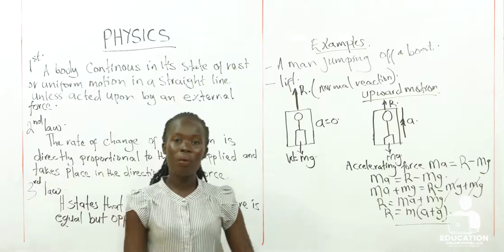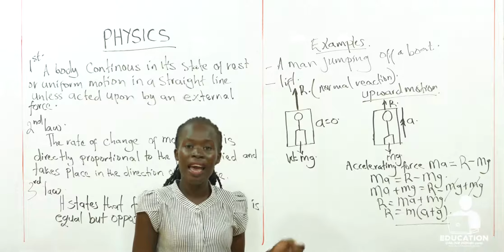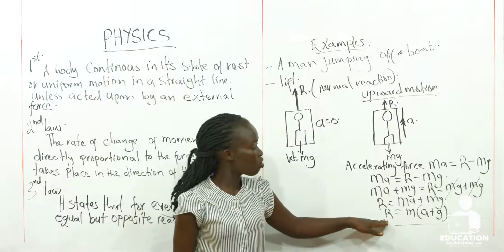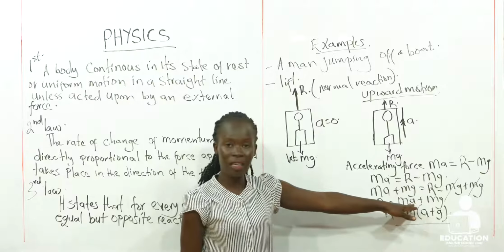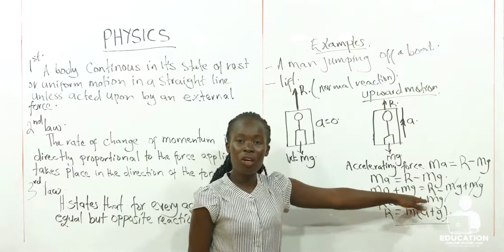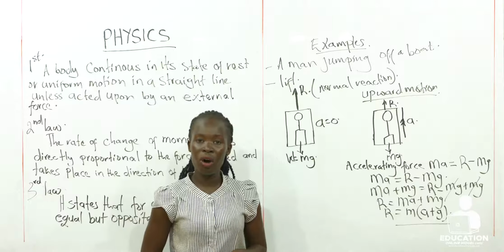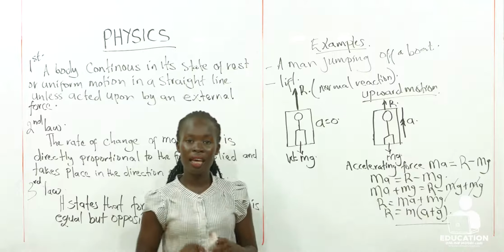It means that when the lift is going to start, you're going to feel heavier, because our normal reaction is going to add the accelerating force onto your weight. So now you see they have added something on top of your weight. So as it is moving upwards, you're going to be feeling heavier.